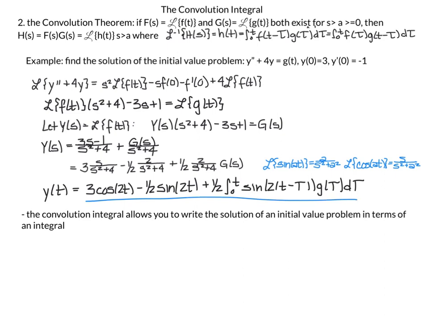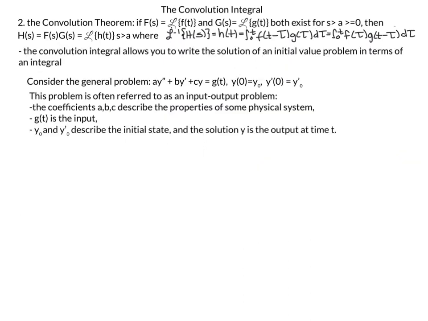Our convolution integral allows us to write the solution of an initial value problem in terms of an integral. Now we're going to look at the general problem ay double prime plus by prime plus cy equals g of t, y of 0 equals y naught, and y prime of 0 is equal to y naught prime. This problem is often referred to as an input-output problem.